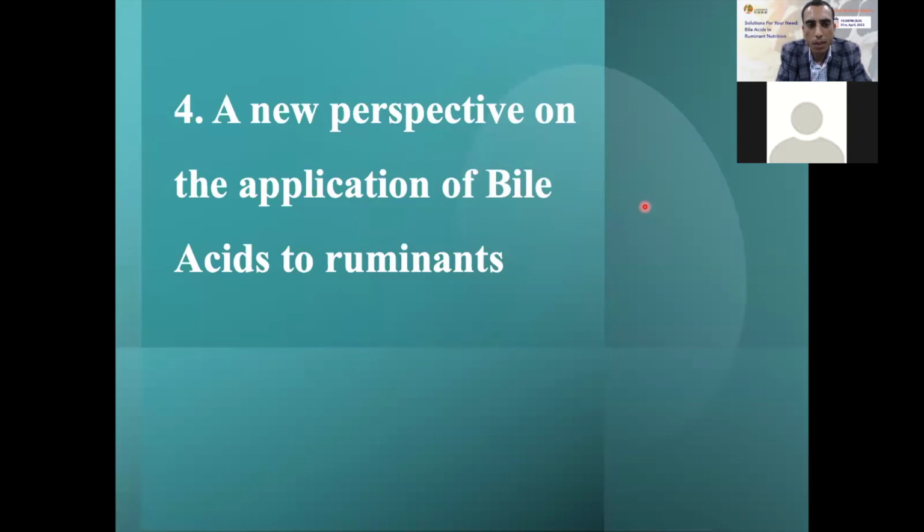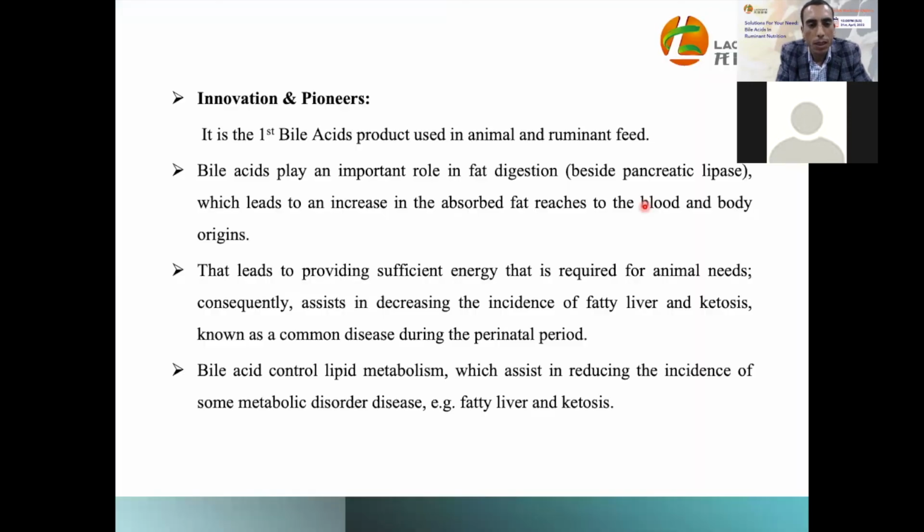The new perspective on application of bile acid to ruminants is a promising product and a promising strategy to enhance and maximize the efficiency and profitability of dairy farms. Bile acid plays an important role in fat digestion in addition to lipase.